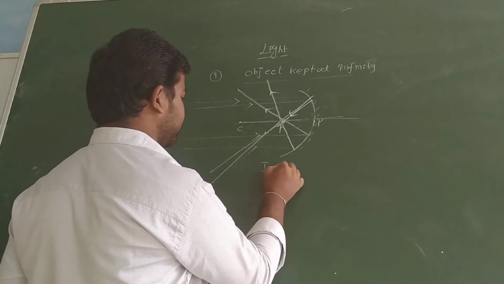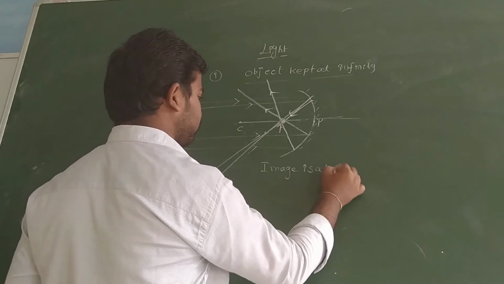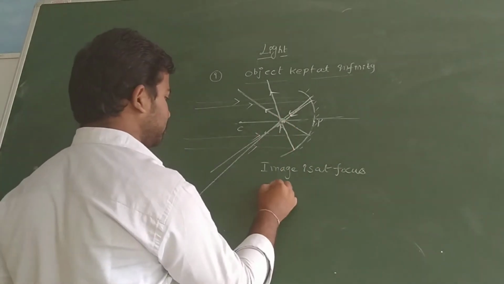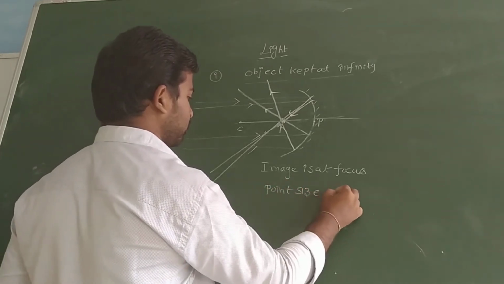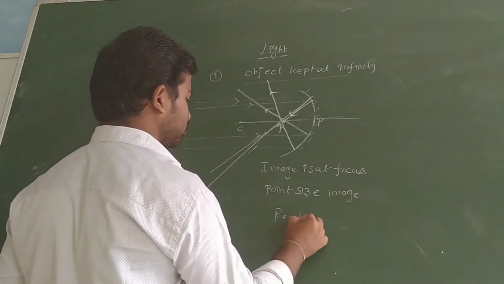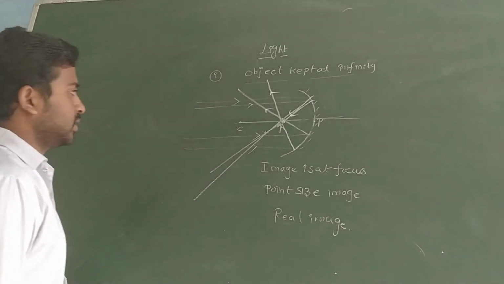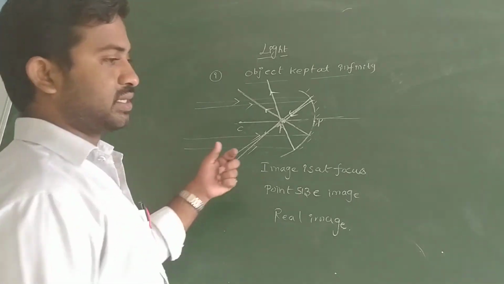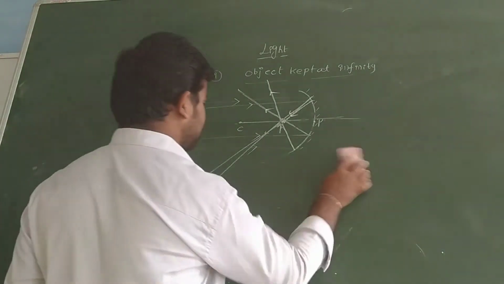I am writing here: image is at focus, and it is a point size image. It is also a real image, because the reflected light rays are really intersected, not apparently intersected. So this is about where we kept the object, where the image is formed, and the nature of the image. That's the first one.